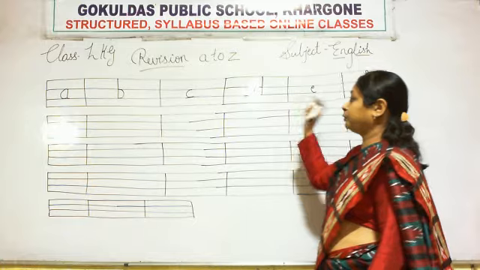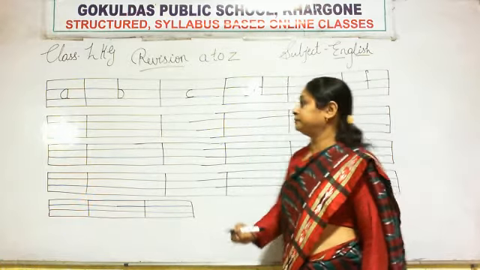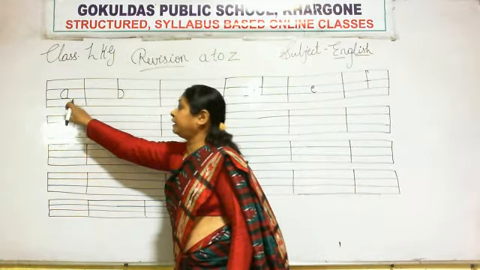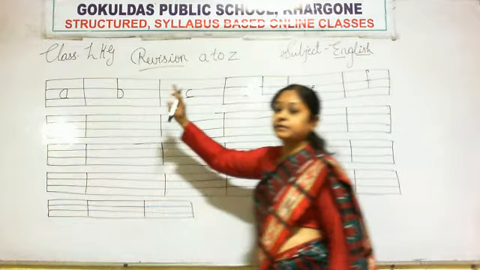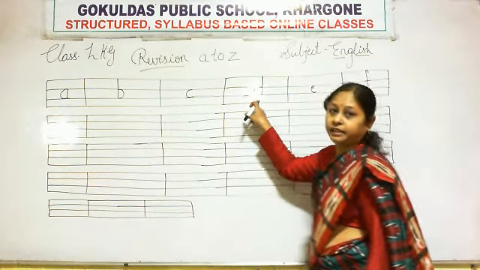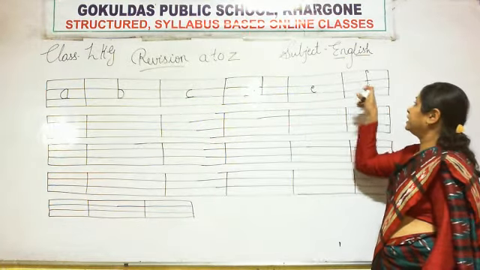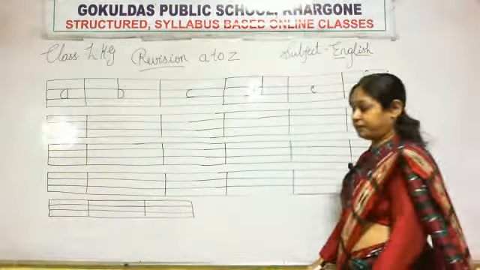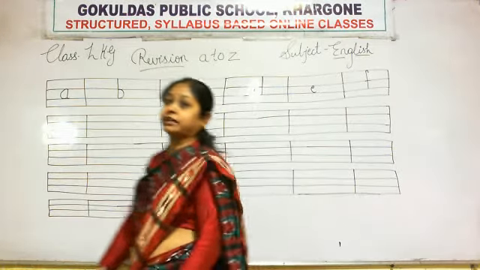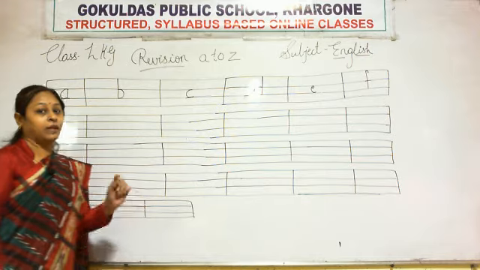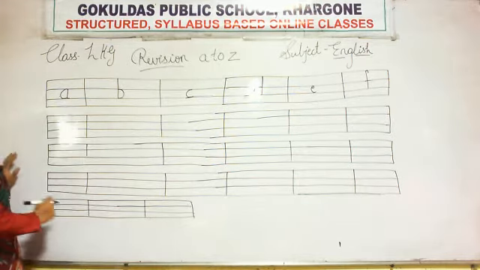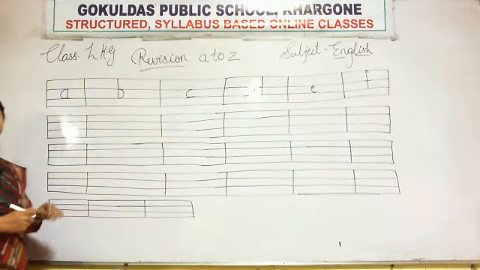Both will look in opposite sides. So A, B, C, D, E, F. After F, which letter will come? We are writing small letters, not capital letters.